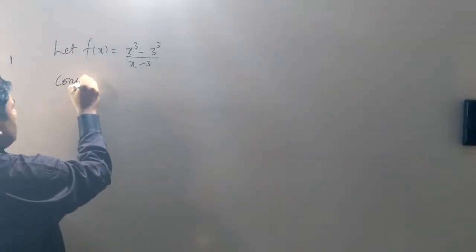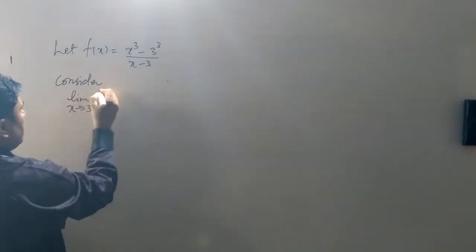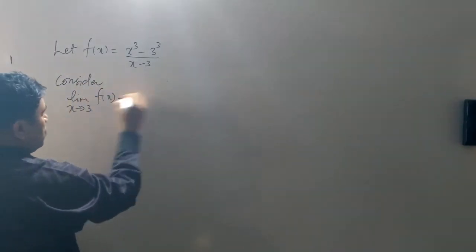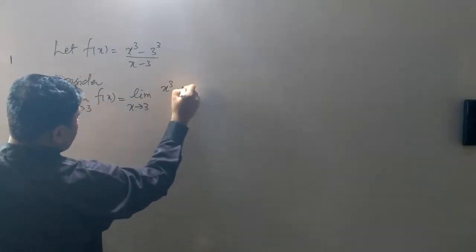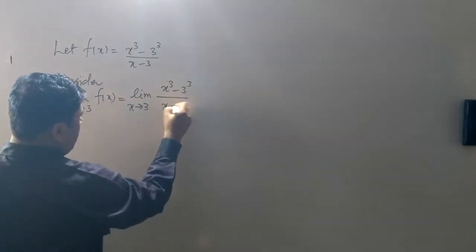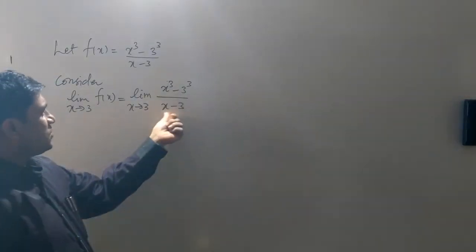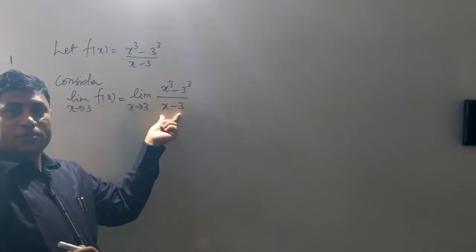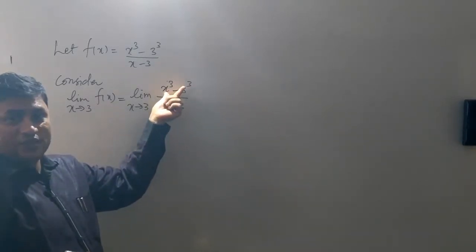Then we consider limit x tends to 3 f of x, which is equal to limit x tends to 3 x cube minus 3 cube upon x minus 3. Now if I put x is equal to 3, then the denominator is going to be 0. If I put x is equal to 3 in the numerator, the numerator is going to be 0.